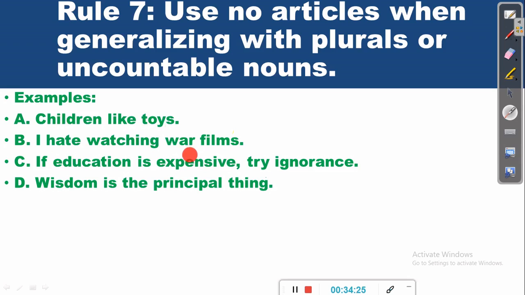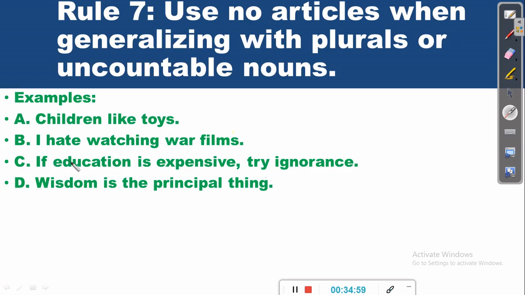I hate watching war movies. Here, we are not talking about a particular war movie. And we are not talking about one. We are talking about war movies. I mean war films generally. I hate watching war films. Now, see, if education is expensive, try ignorance. Education is uncountable, so we don't need an article.